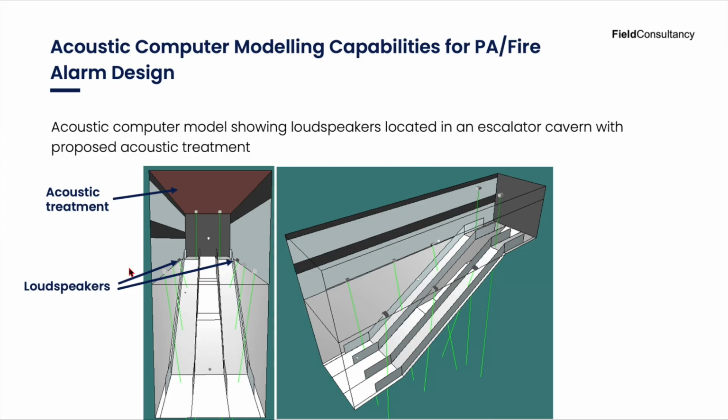What we ended up doing is locating the loudspeakers on the wall areas and then 2 loudspeakers in the ceiling at the top of the escalators. The only areas we could provide acoustic absorption was on the ceiling, which at first glance might seem quite distant away from where the occupants of the escalator or the occupants of the station might be going down the escalator.